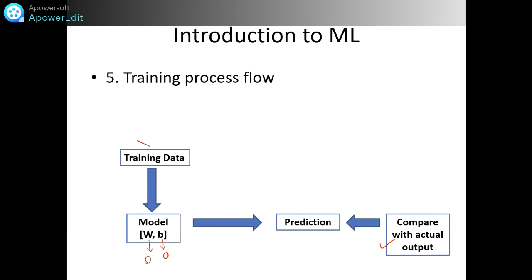This prediction we have to compare with the actual output. So we give this X as input to the model, the empty f, and it does some prediction that we can write as P. And this is our Y, the actual output. On the basis of this, we can simply write Y minus P, or P minus Y. This is your error.